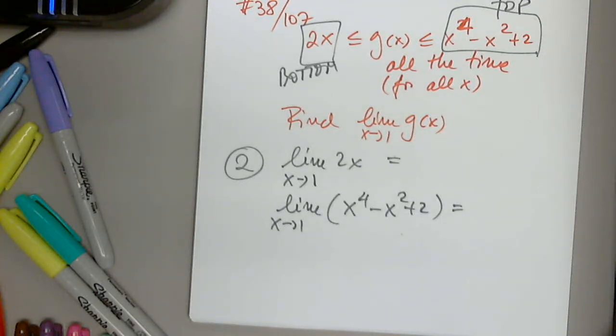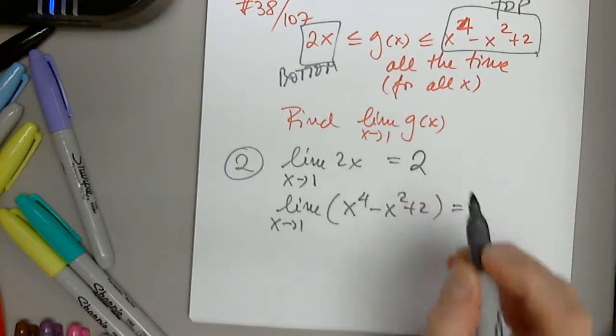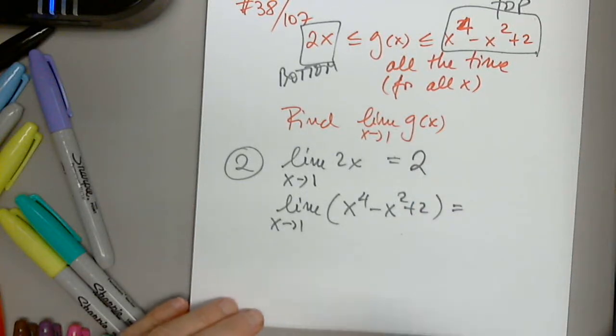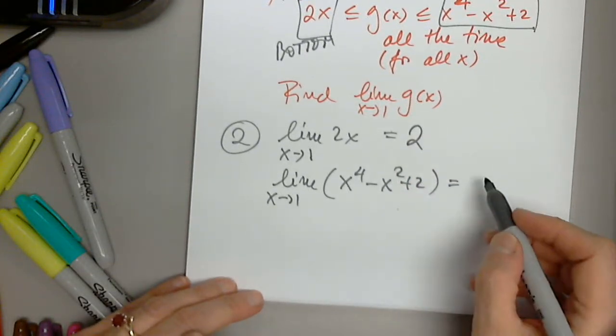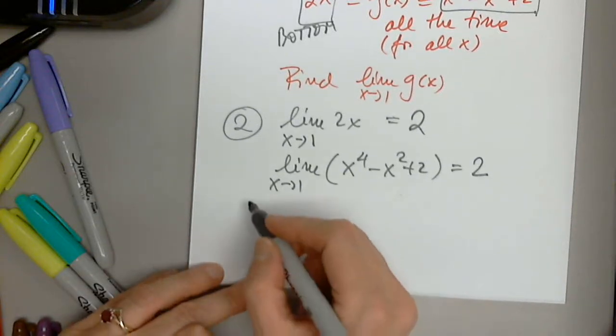So what is the limit of 2x? 2. It's a polynomial. I plug it in. I'm allowed to. I have a theorem that allows me to. And same thing, polynomial. 2. So then what do I conclude?